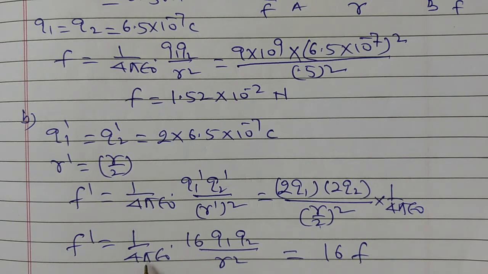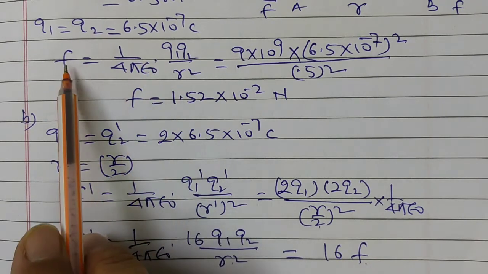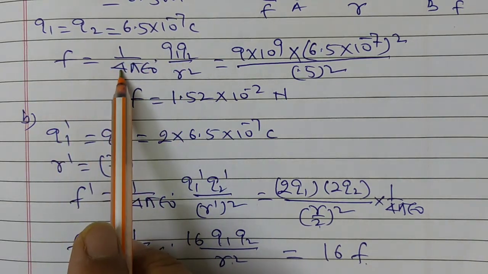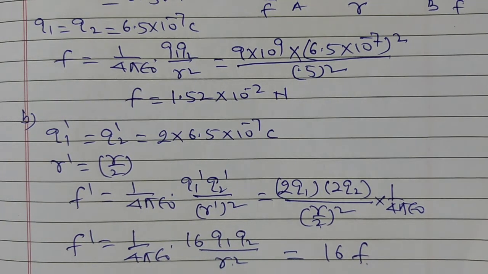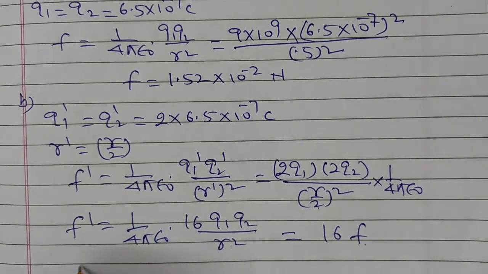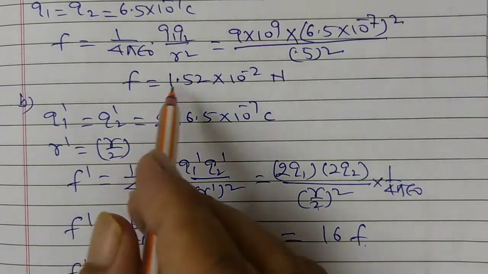This 1 upon 4πε₀ × Q1 Q2 upon R square is F. According to this relation, F is equal to 1 upon 4πε₀ Q1 Q2 upon R square. So this is F, or this F dash is equal to 16F, and hence F dash is equal to 16 into F. F हमारी वैल्यू कितनी थी?